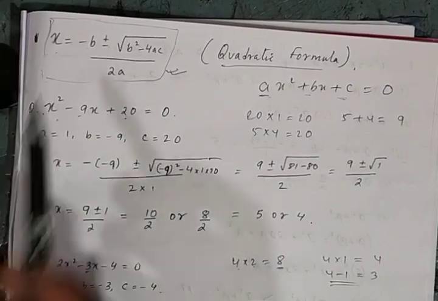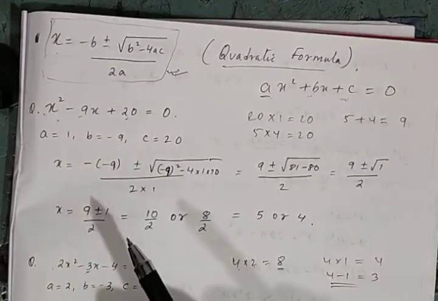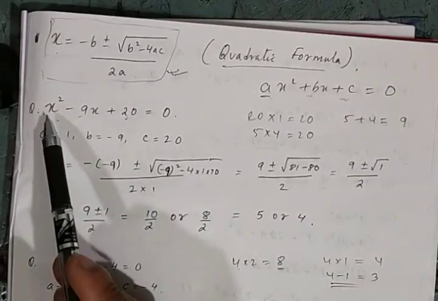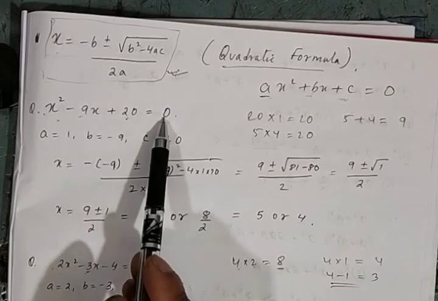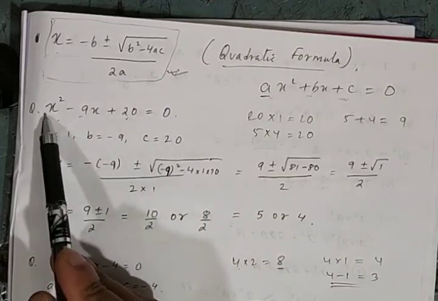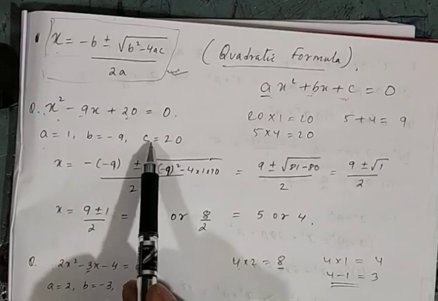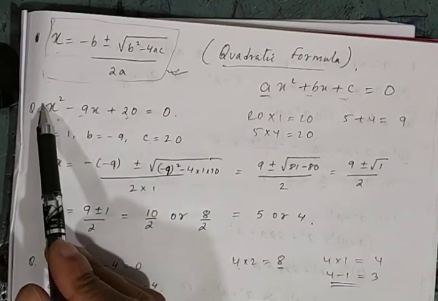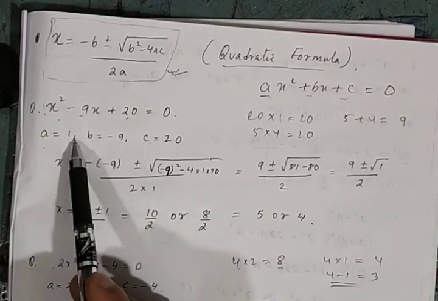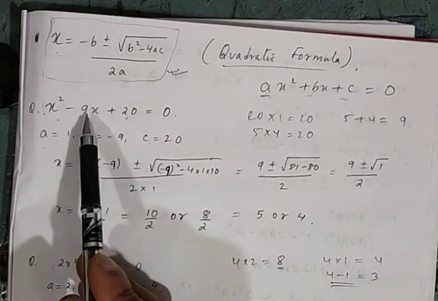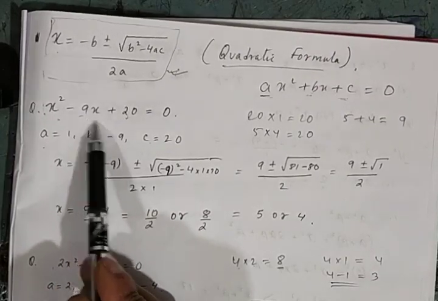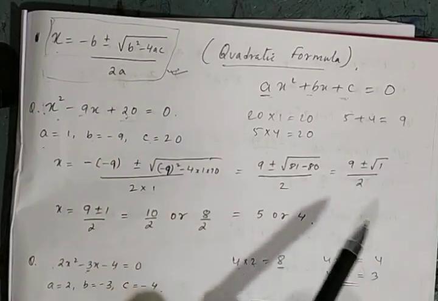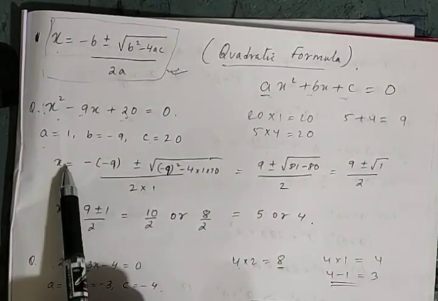So let's try to use this formula to find the value of x. X square minus 9x plus 20 equal to 0. Now first of all know what is a, what is b, and what is c. A is the coefficient of x square, that is 1. B here is minus 9. Don't write only 9, minus 9. And c here is 20. Now what is x equal to?